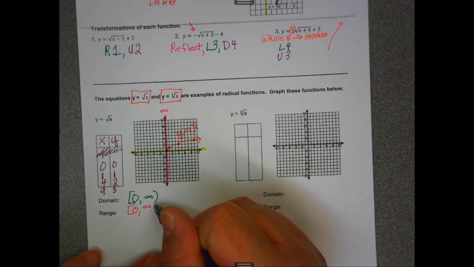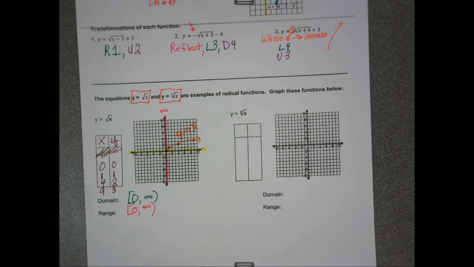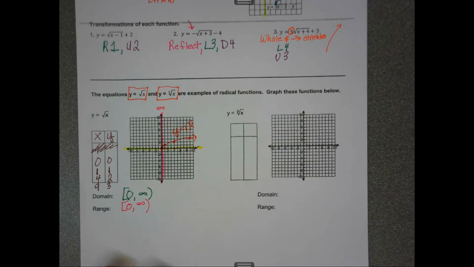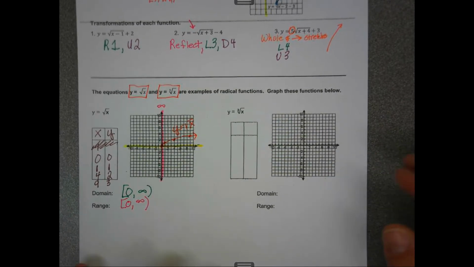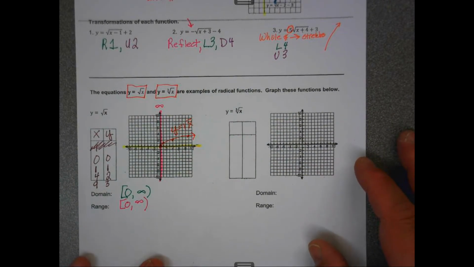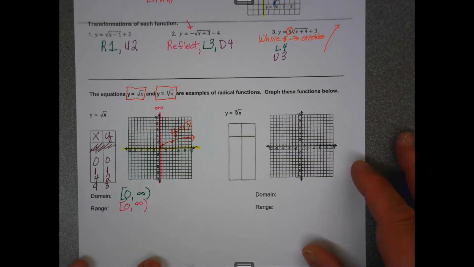It goes up to positive infinity on the y-axis. And of course, we're using a parenthesis because it can never reach the point infinity. So that's the parent function y equals the square root of x.